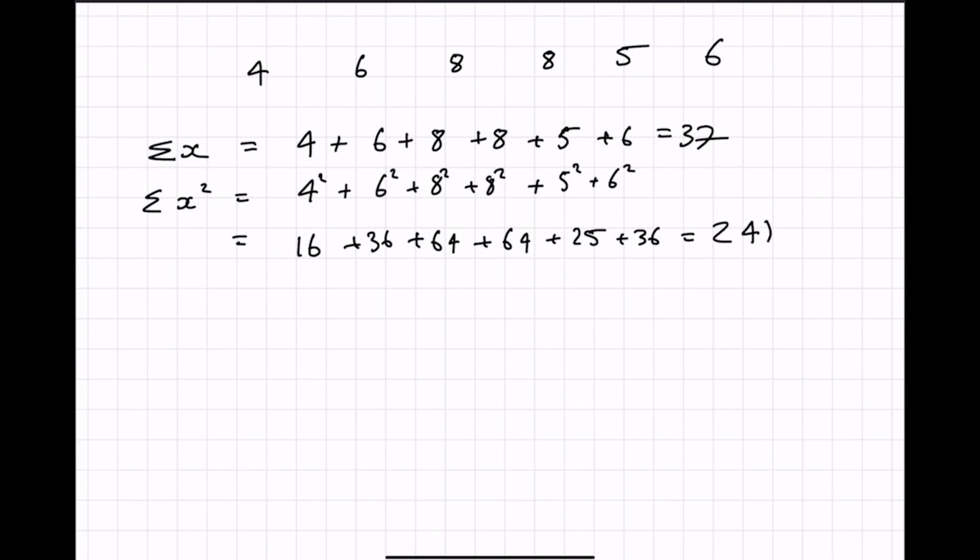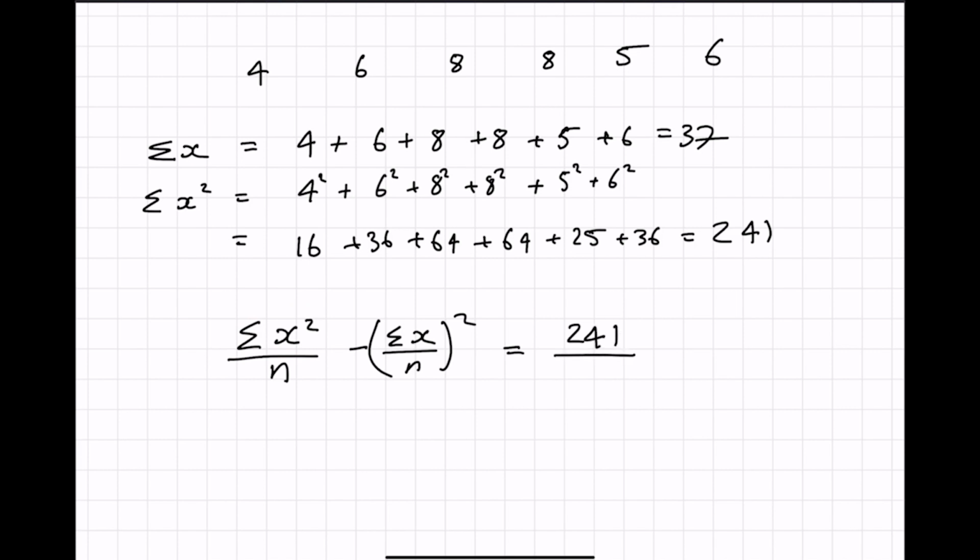Now we know what the sum of x squared is. So like we said with how do we find the variance, we had the equation before, which was this one here. Sum of x squared over n minus the sum of x over n, squared. That was it. So if you just pop in the numbers, we know what the sum of x squared is. That's 241.